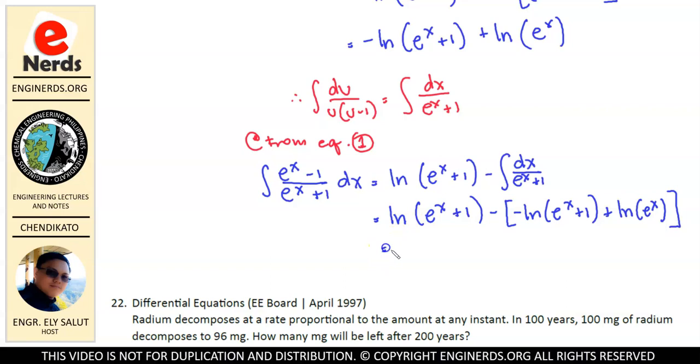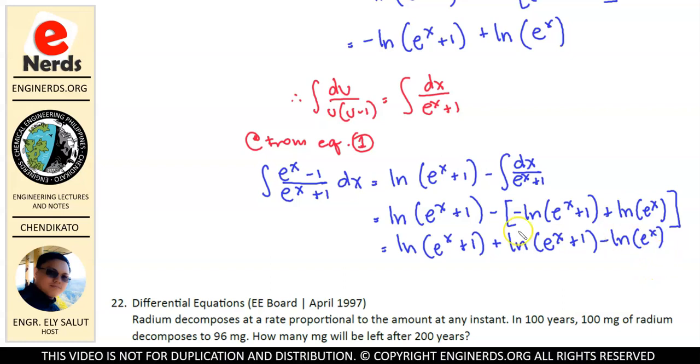Simplifying that, we have ln e to the x plus 1, then negative times negative will be positive, ln e to the x plus 1, then negative times positive will be negative, so we have negative ln e to the x.